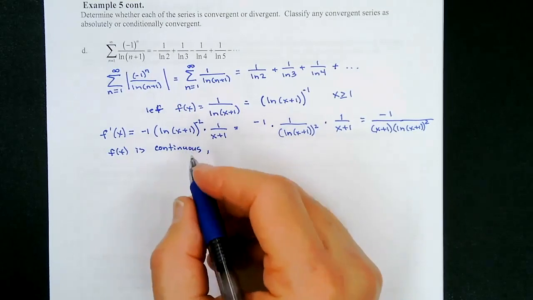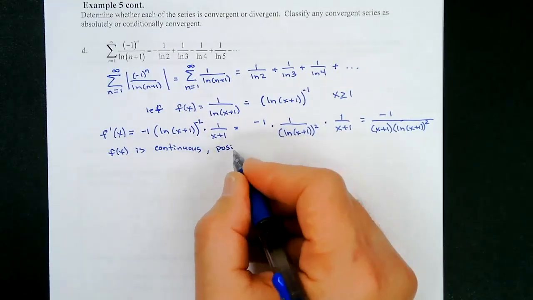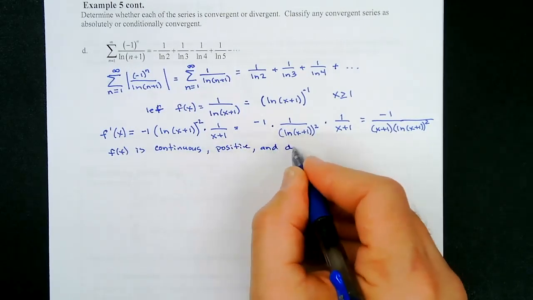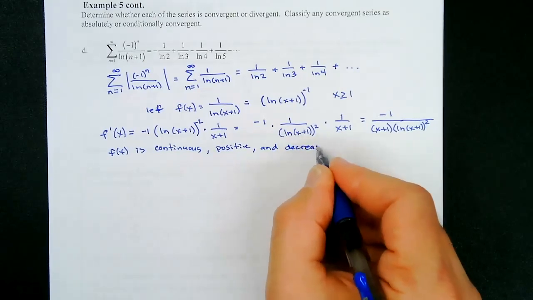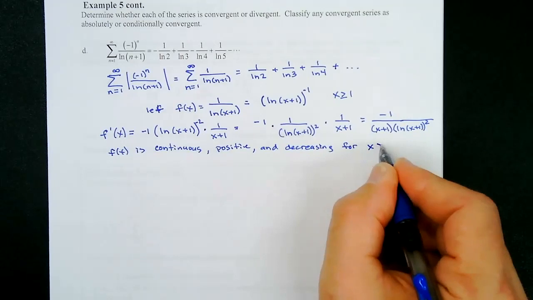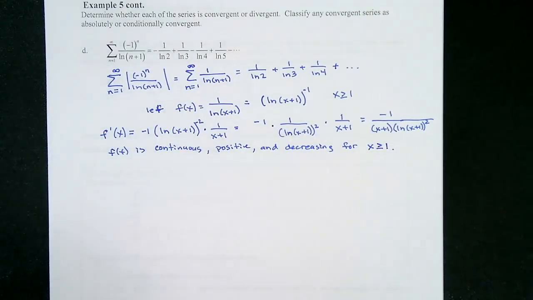The order necessarily wouldn't matter here, but we have to show it's continuous, positive, and decreasing for x greater than or equal to 1. That's true, which means we can use the integral test.